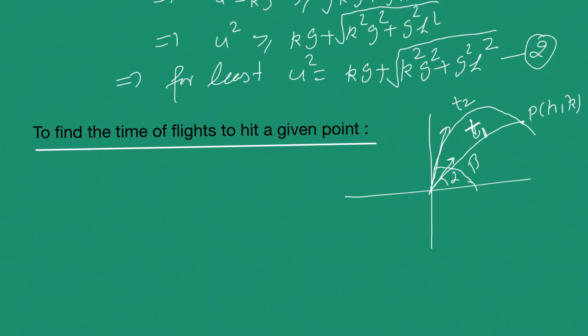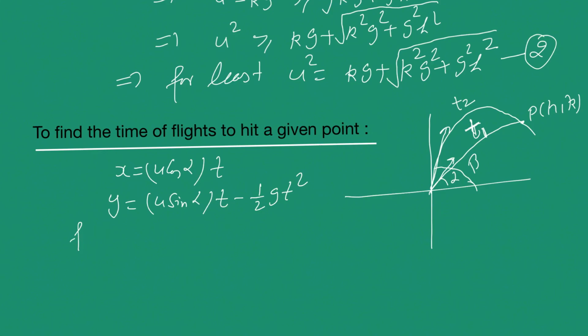Now we know that the horizontal coordinate, the abscissa, for a projectile is given by u cos alpha t. We have already studied these two formulae. The vertical coordinate is u sin alpha t minus half g t square, for point h comma k, say point P. So we have h in place of x, k in place of y.